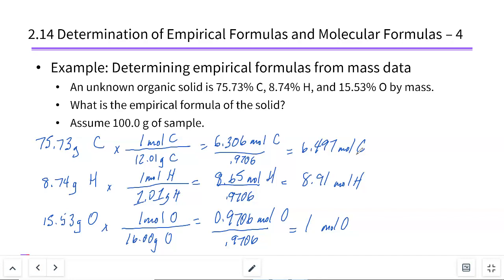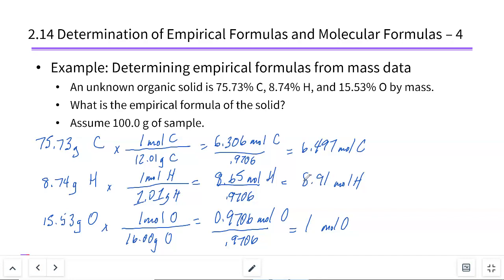These two aren't really whole numbers. However, for the hydrogen, remember we talked about that idea of estimating and tolerance. Is this close enough to 9 that we're probably okay? Yeah. Remember the book said anything within 0.15 is good enough to round up or down. This is within 0.15.